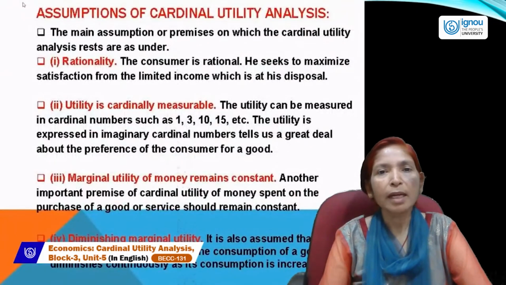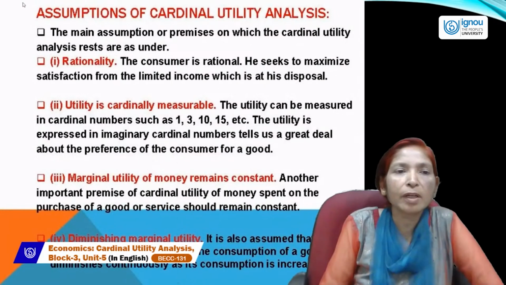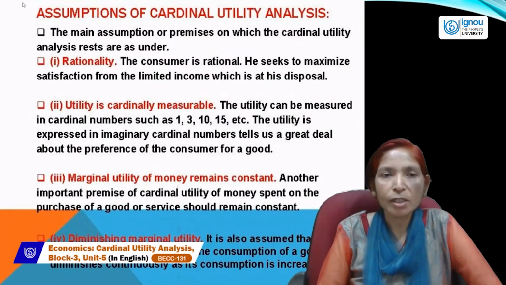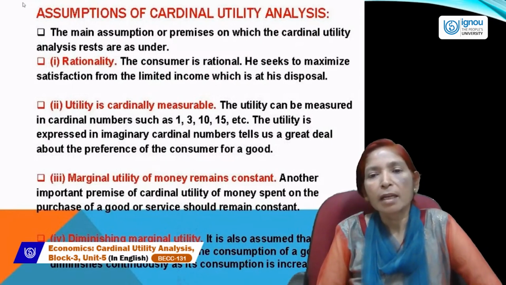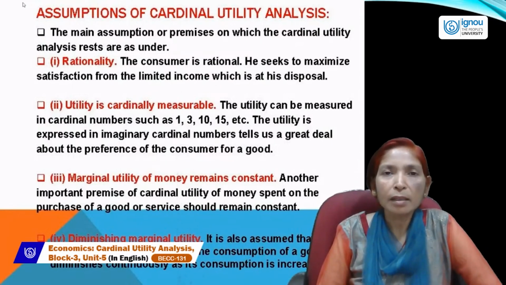Now next is assumptions of cardinal utility analysis. Here some assumptions are given in detail. Number one is rationality. You know that the consumer is a rational person. He seeks to maximize satisfaction from the limited income which is at his disposal. Next is utility is cardinal.